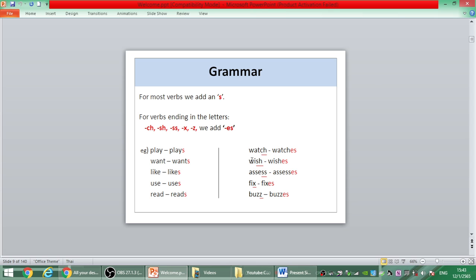Wish becomes wishes. Assess becomes assesses. Fix becomes fixes. Buzz becomes buzzes. Over here we have different spelling endings, so we just add the S.